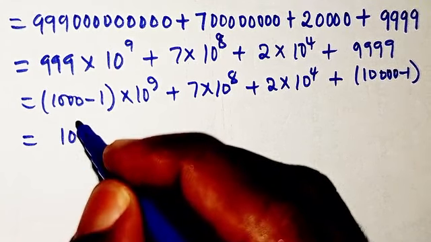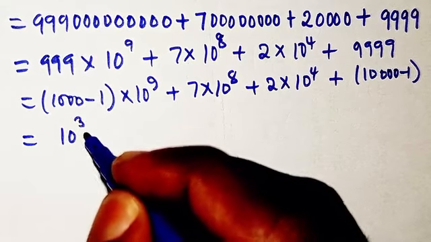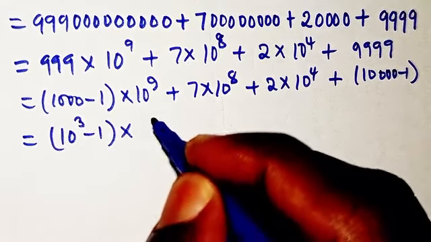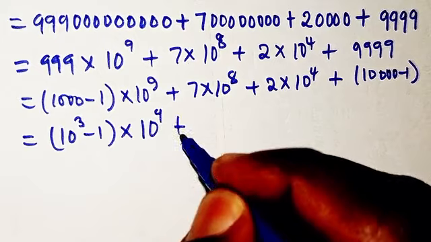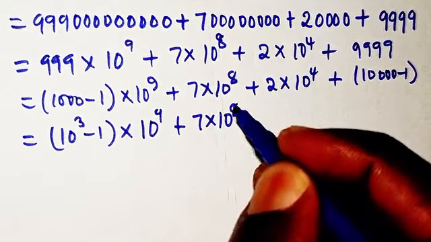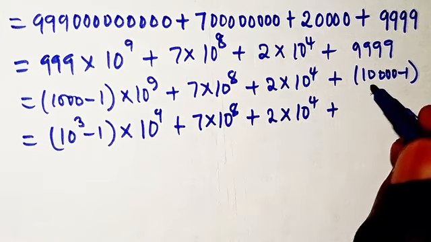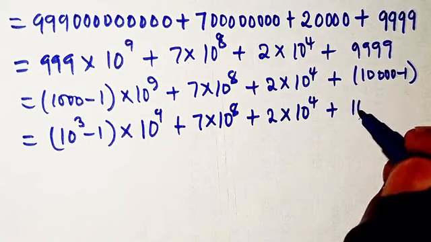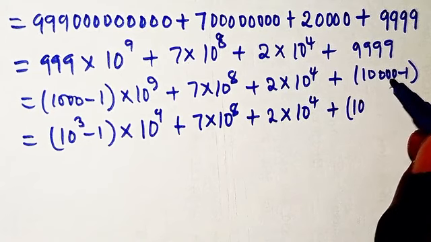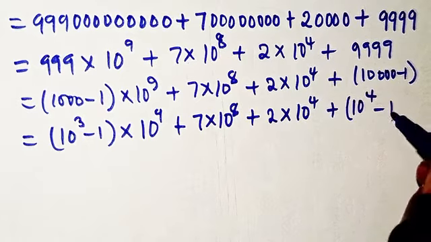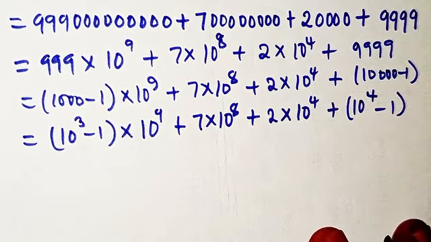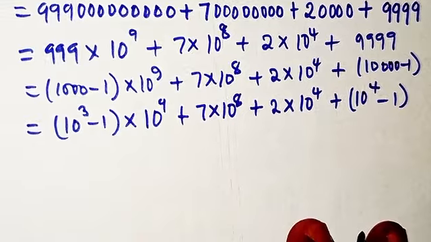We're going to have 10 to the power of 3 minus 1, then multiply by 10 to the power of 9, plus 7 times 10 to the power of 8, plus 2 times 10 to the power of 4, plus here is going to be 10 to the power of 4 minus 1. Are you following? So the next thing, we move on.